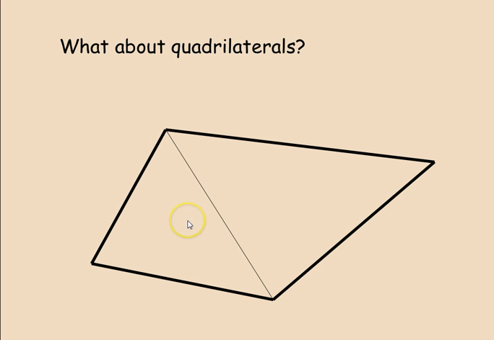And we know how many degrees are in each of these triangles. In this triangle here, there's 180. And in the other triangle, there's 180. So therefore, in this quadrilateral, there are 360 degrees because we can break down the quadrilateral into 2 triangles, where we know each of those triangles is 180 degrees.